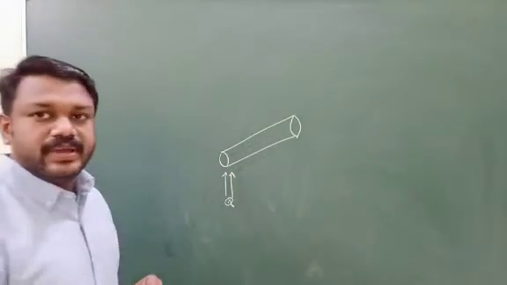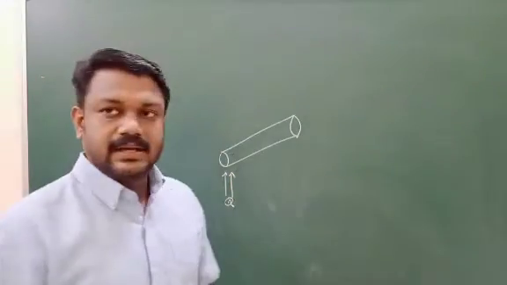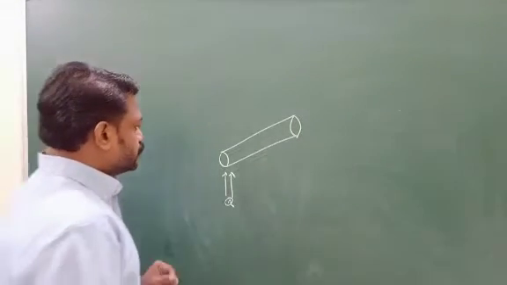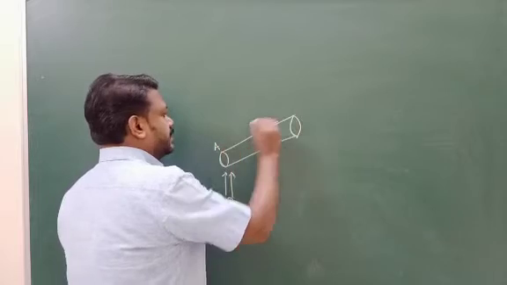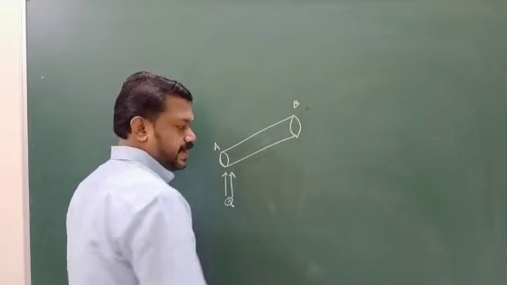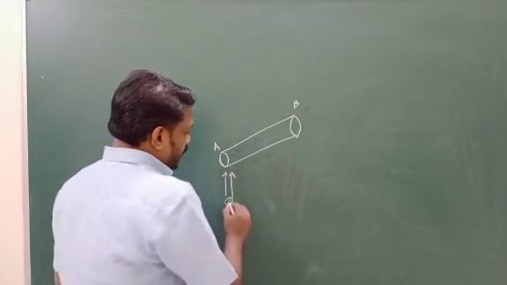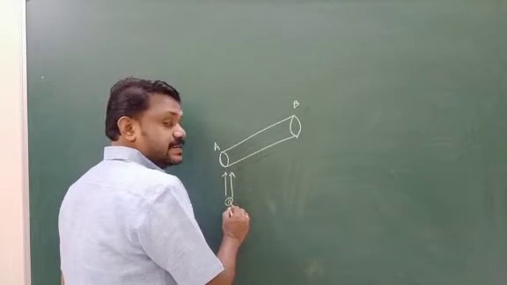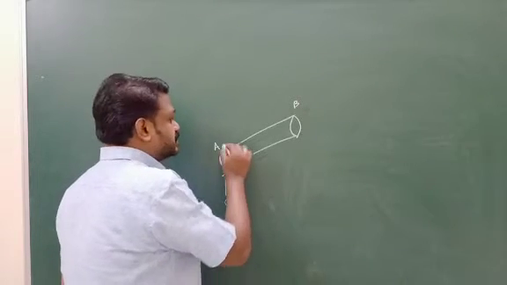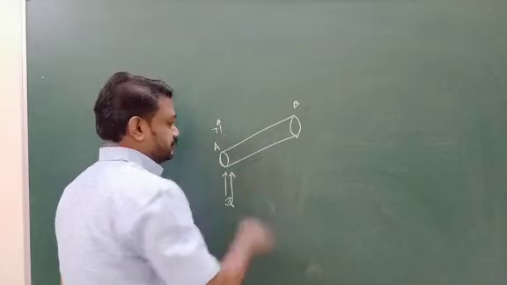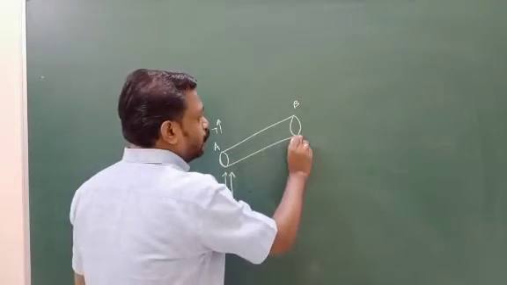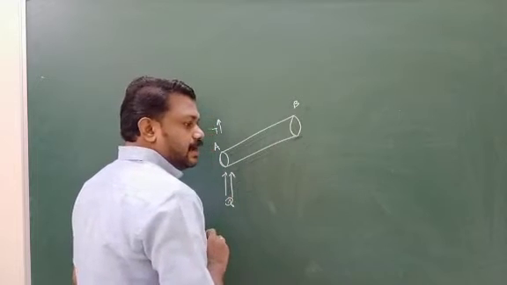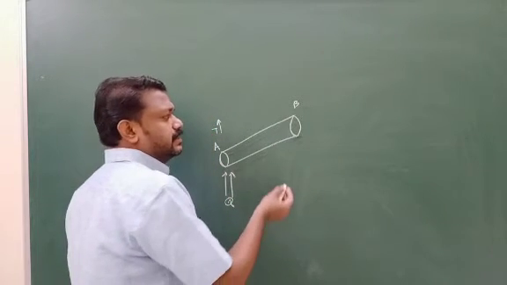Q amount of heat is supplied to this steel rod. Consider the surface areas A and B. As heat energy is supplied to end A, its temperature rises. And if you are holding end B, initially you do not feel any hotness at point B.